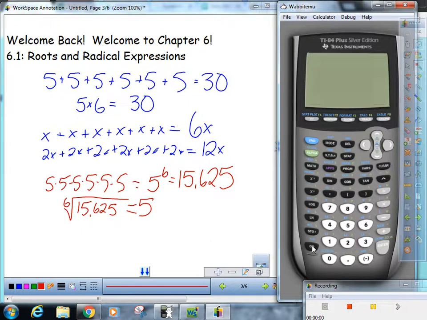So you could write this as 15,625 to the, then you need to use a parentheses because we want to put a fraction there. 1/6, so 1 divided by 6, and then close your parentheses, and that will indeed give you 5. Okay, so practice that real quick.